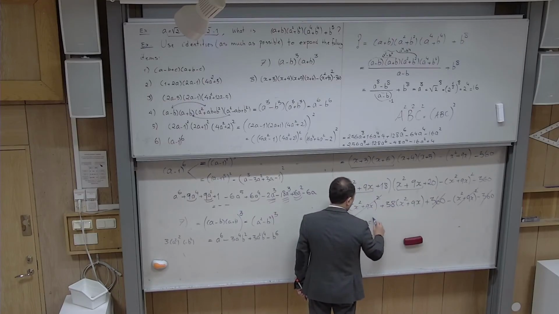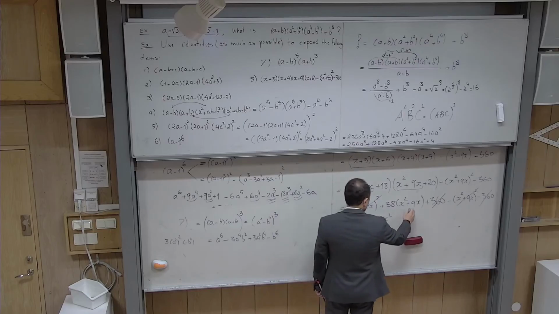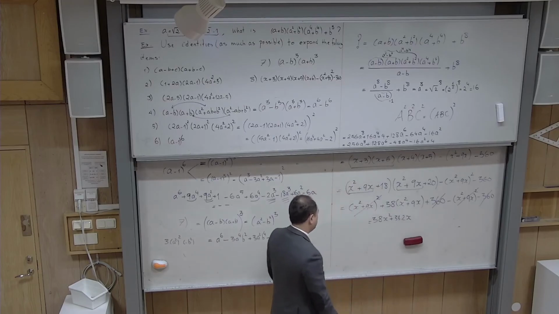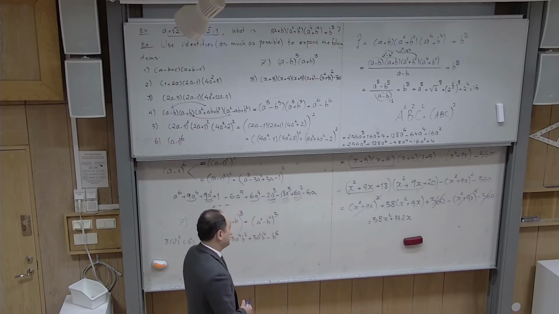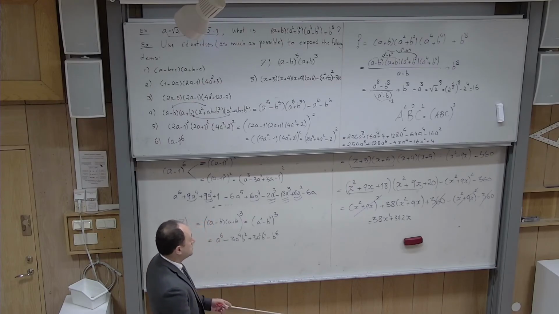So this becomes 38 x squared, and then you multiply 2, 7 goes there, 27, 34, I think, if I am wrong. This becomes this. Am I right or not? Yeah. So that is also the whole point.